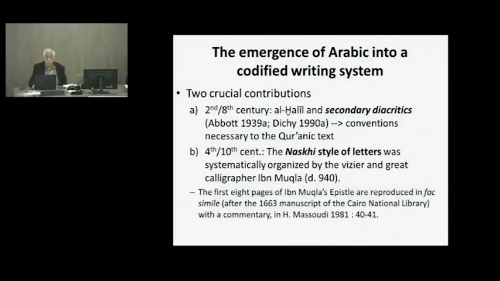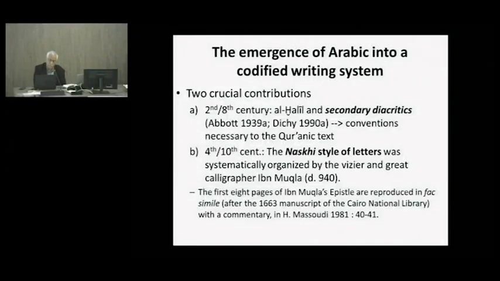There have been historically, I said things are traceable in Arabic. Things are traceable because we have historical sources telling us the story of how the system emerged. Not all of it, but a lot of it.